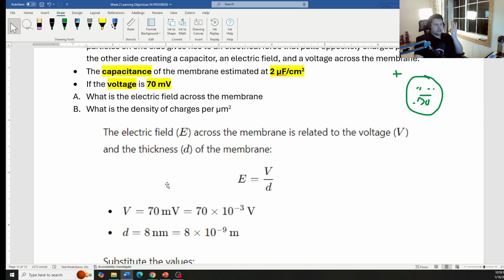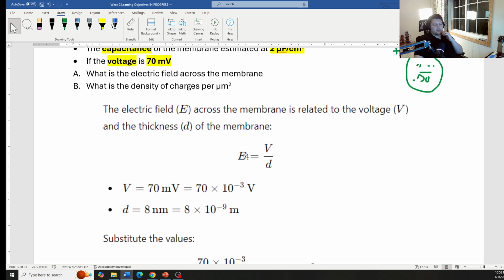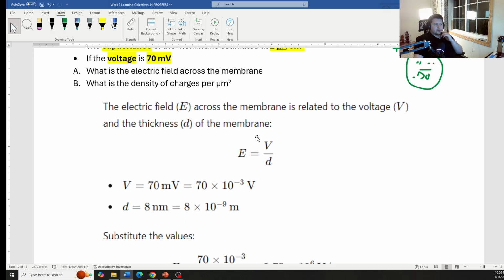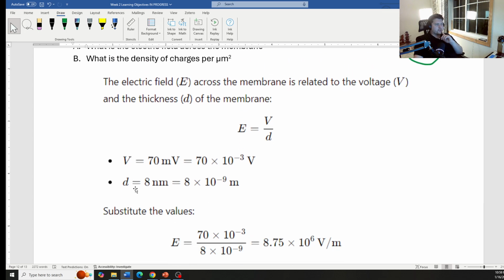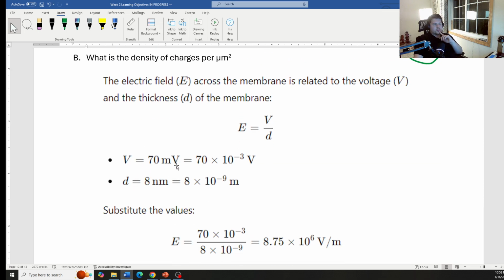So we look at our electrical field question. The electrical field is related to the voltage and the thickness of the membrane. So our electric field equals V over D. Our voltage equals 70 millivolts. We need to convert this to just plain volts instead of millivolts.